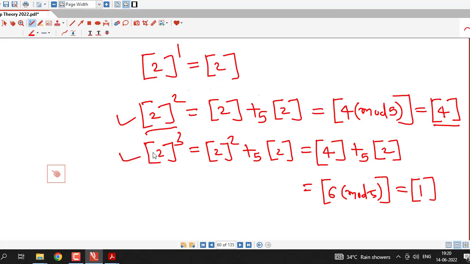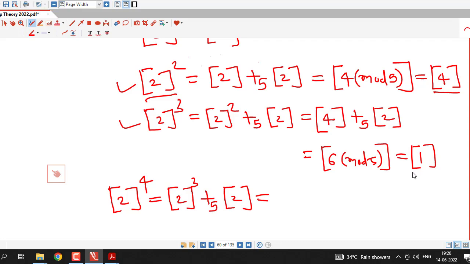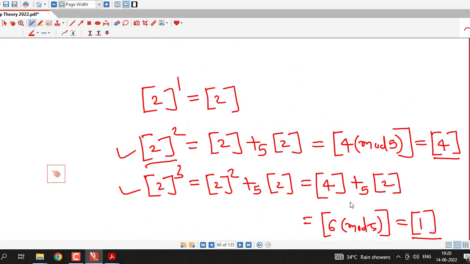So 1 is written as the third power of 2. Now we check for the fourth power of 2. This is equal to 2 raised to 3 addition modulo 5 2. 2 raised to 3 we have obtained is 1, and addition modulo 5 2, so this is going to be 1 plus 2, 3 modulo 5, and the remainder when 3 is divided by 5 is 3, because 3 is less than 5.